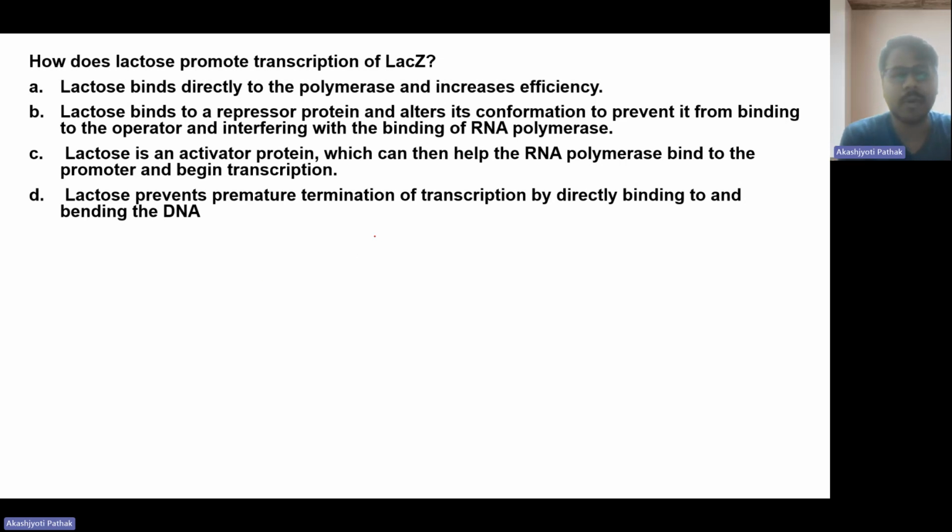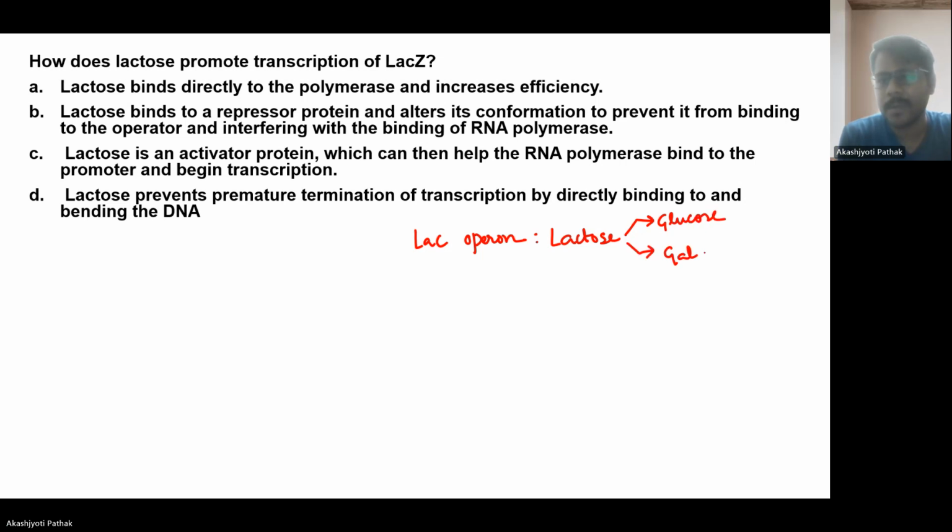The lac operon, or the lactose operon, is present in the E. coli bacteria, and it is involved in breaking down the lactose present in the environment into glucose and galactose. This glucose can then be utilized as an energy source.